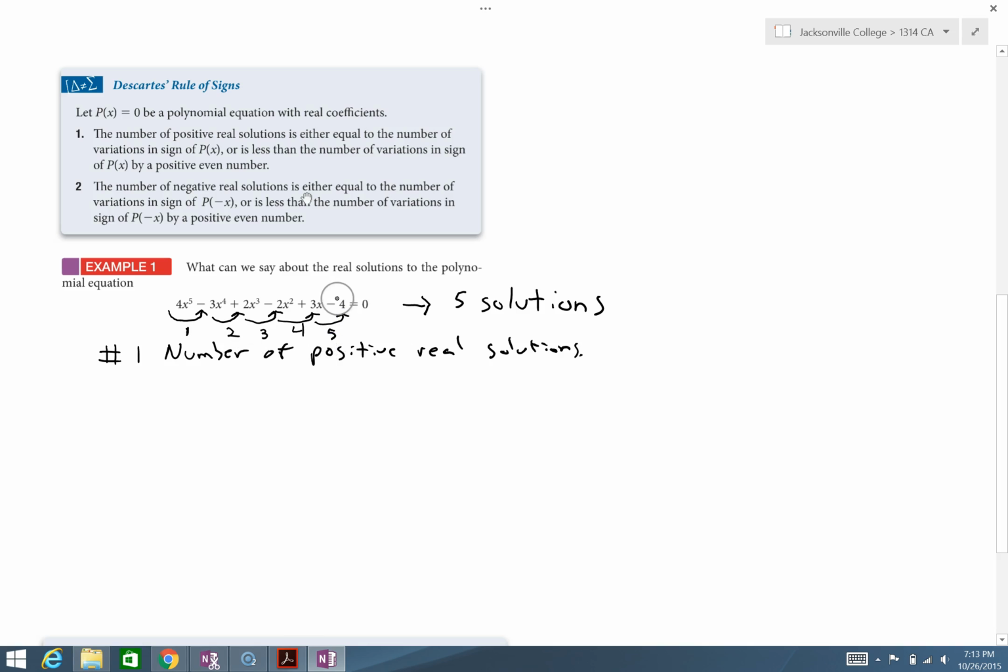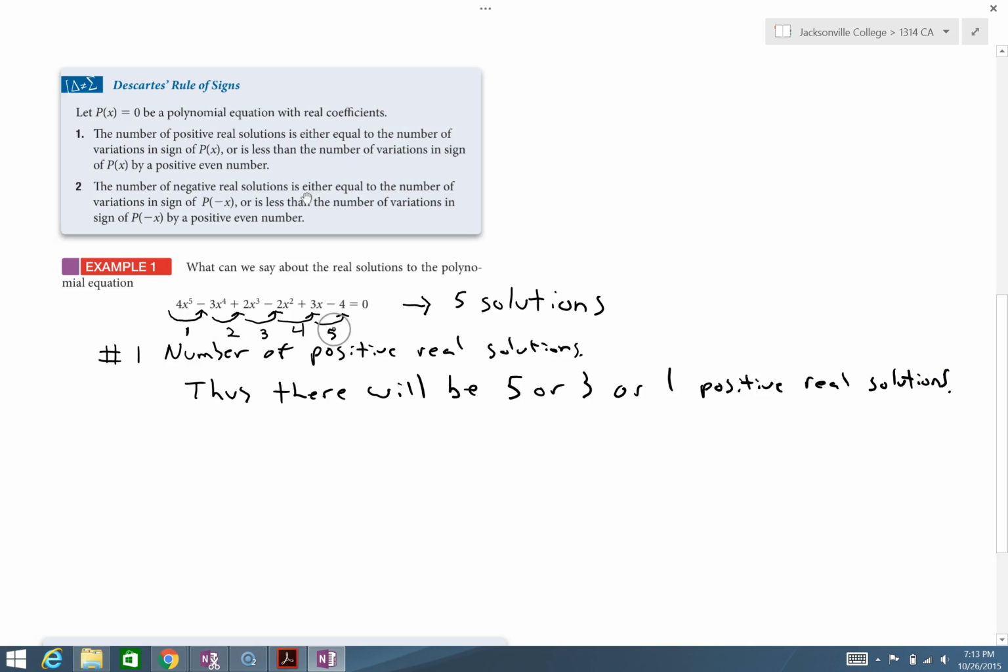Since there are 5 sign changes, I can have that many positive real solutions or less than that number by a positive even number. Thus, there will be 5 or 3 or 1 positive real solutions.